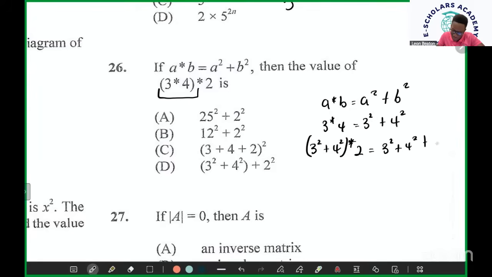Hold on, where did I get 4 from? This should be 2, right? Sorry, yeah, this should be plus this 2, 2 to the second power. All right. So which one got that? D. All right, so we can go with D.